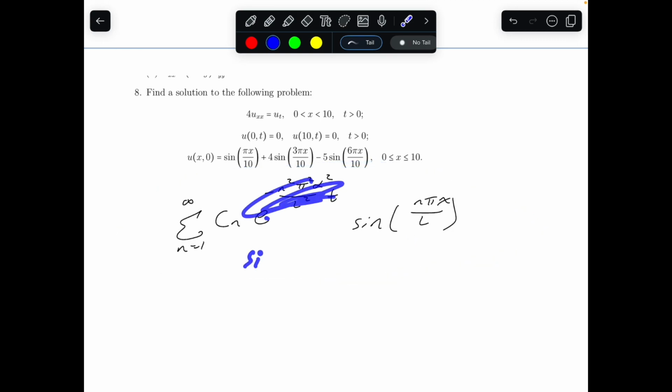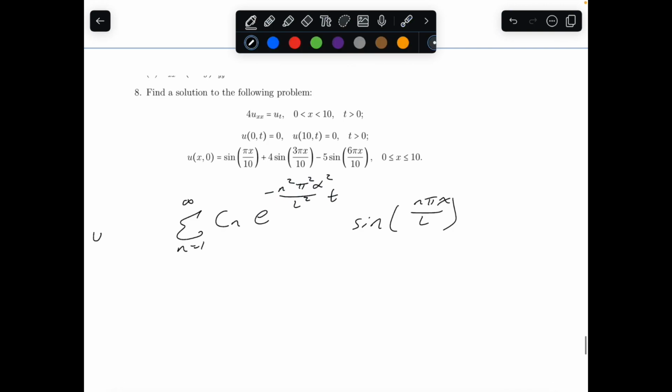And the wave equation would be if this was sine of n pi a t over L. That would be the solution for the wave equation. So if I tell you those, you should be able to recognize which one is used for what, basically.